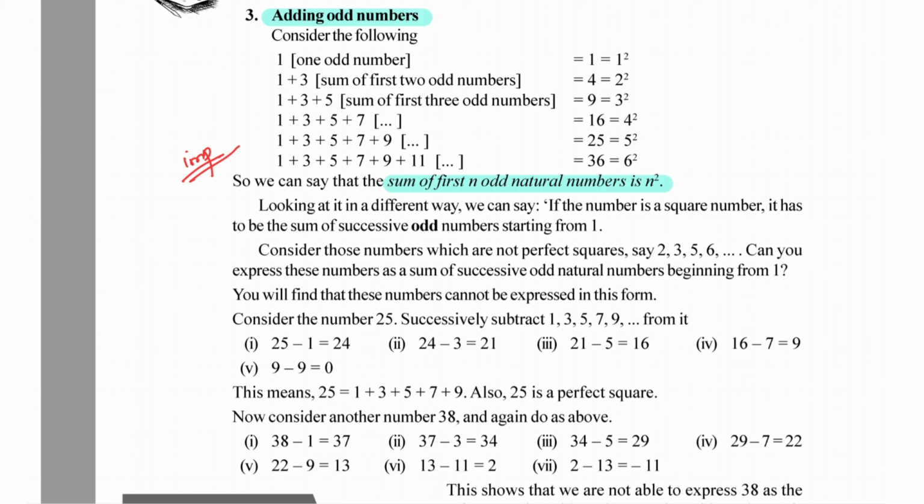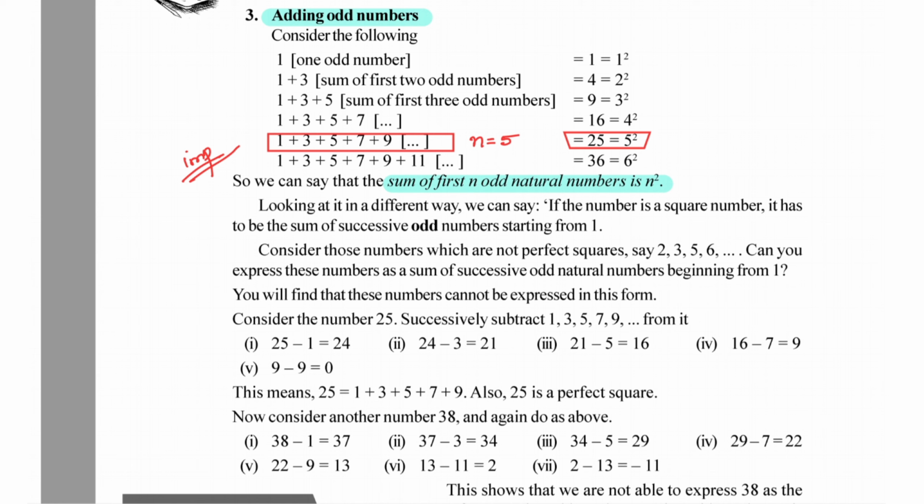Suppose we are going to add the first 5 odd natural numbers: 1 plus 3 plus 5 plus 7 plus 9. How many numbers do we have? We have first 5. So what is the value of n here? Since we are going to add first 5 numbers, n is equal to 5. So their sum is n square, which is equal to 25.